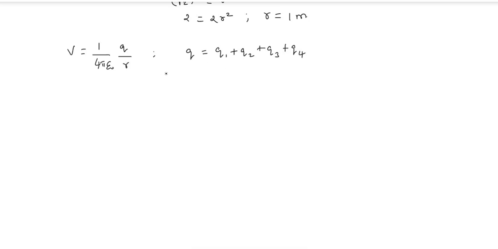Substitute the values: Q1 equal to plus 2 into 10 power minus 9, Q2 equal to plus 1 into 10 power minus 9, Q3 equal to minus 2 into 10 power minus 9, Q4 equal to plus 3 into 10 power minus 9.